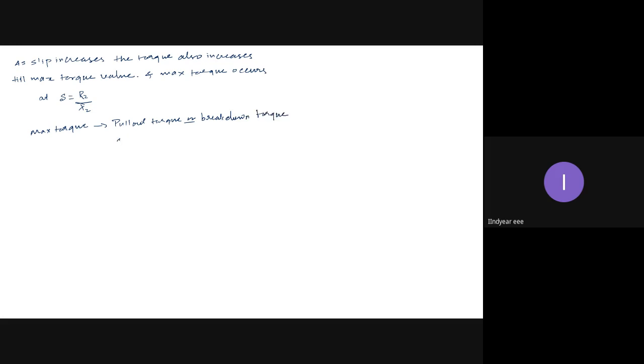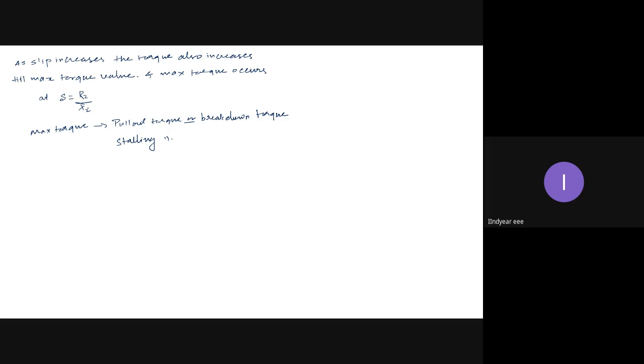Sometimes it is also known as stalling torque. Now, when the slip further increases beyond this breakdown slip, which is also known as pull-out slip, breakdown slip, or stalling slip.